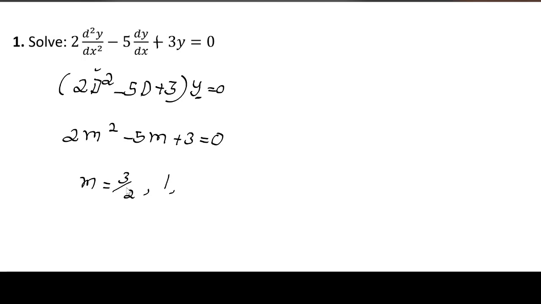Here both roots are real, that's the first case, and they are distinct also. To write the solution, I use the first case: the complementary function yc, which is actually the general solution y, equal to c1 e^(m1 x) + c2 e^(m2 x). Here m1 is 3/2 and m2 is 1, so y = c1 e^(3x/2) + c2 e^x.